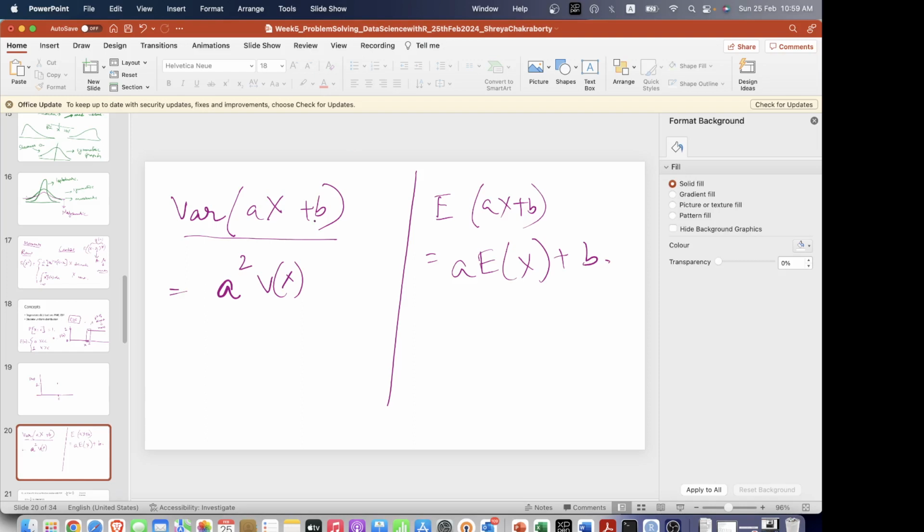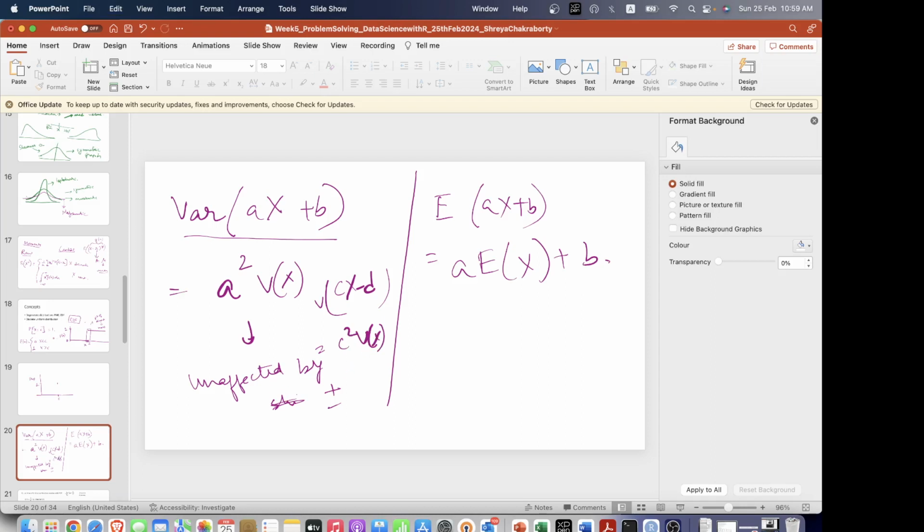So variance is unaffected by anything added or subtracted. Even if you have cx minus d, the variance would be c square times variance of x.